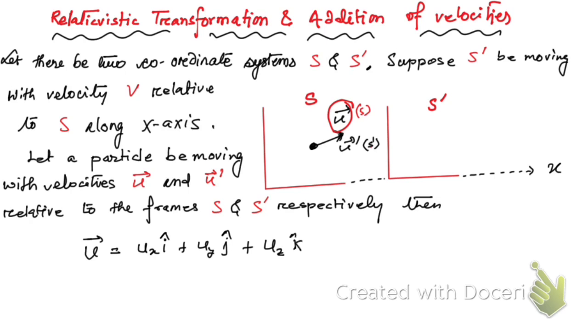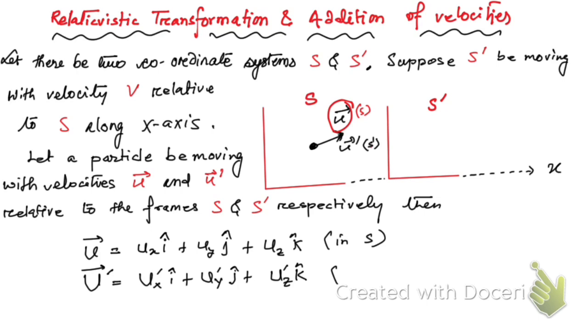Hope you know this representation of a vector. ux is the x component of u, uy is the y component of u, and uz is the z component of u. So this is in the frame S, and in the frame S dash, u dash is equal to ux dash i cap plus uy dash j cap plus uz dash k cap.